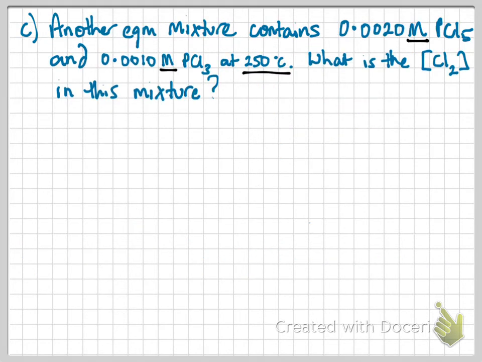Part C, another equilibrium mixture, note that term there, contains this molar concentration of those two substances at 250 degrees. I've underlined the important bits there because this is going to help you, because it said what's the concentration of chlorine in this mixture. Note if you just glance at this question, no Kc value has been given, but because you've been given the temperature and you've been told it's at equilibrium, you need to go back to part A because you had to calculate Kc at 250 degrees.